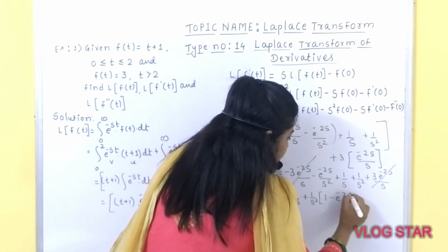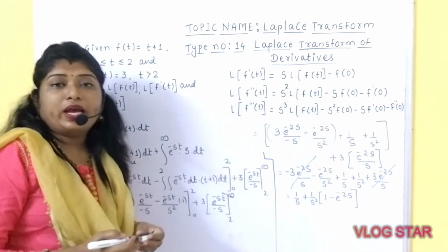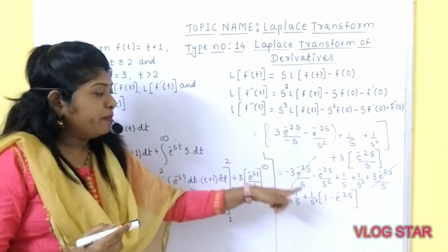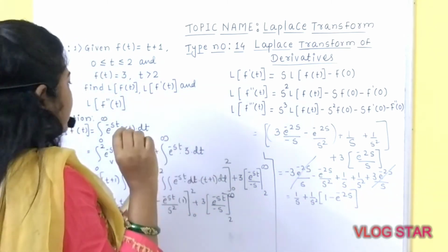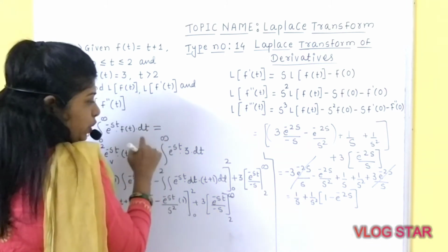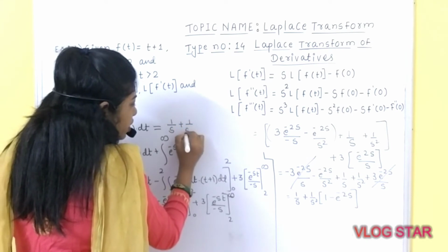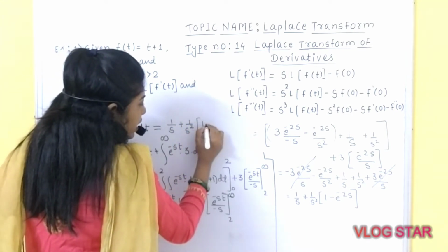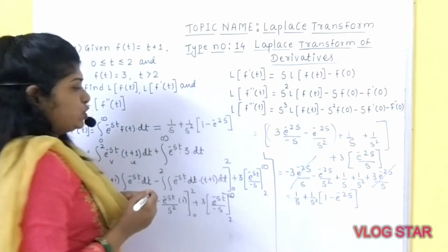What is there inside? 1 upon s plus 1 upon s square inside the bracket 1 minus e raised to minus 2s. So the Laplace of f of t is equal to 1 upon s plus 1 upon s square inside the bracket 1 minus e raised to minus 2s.